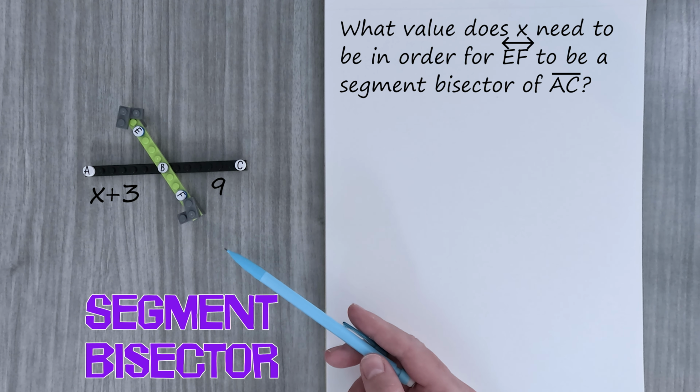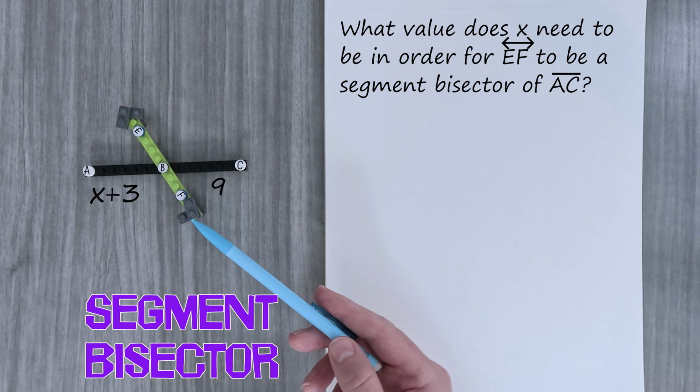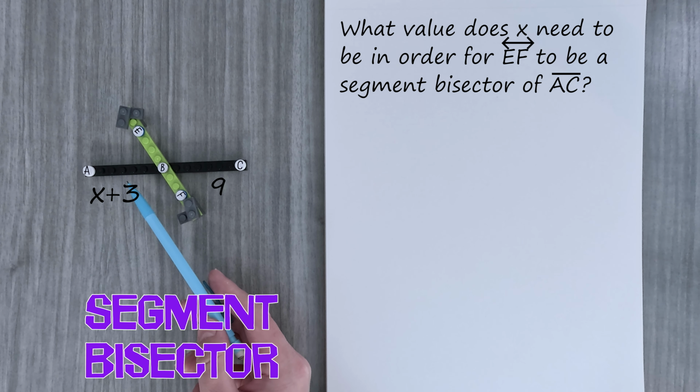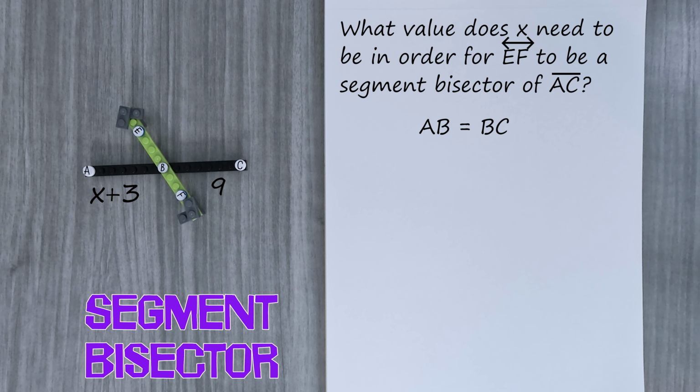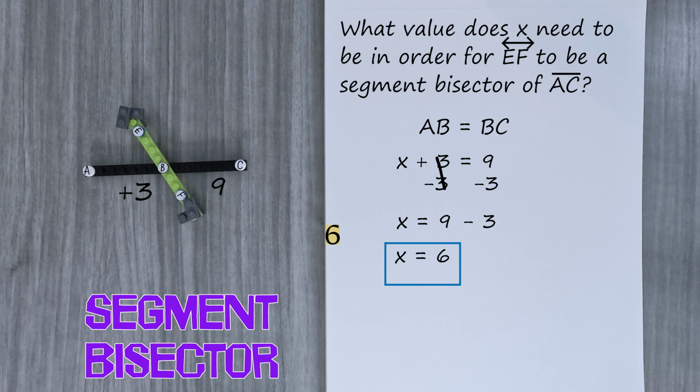It needs to cross exactly at the midpoint, which means that AB and BC have to be congruent. They have to have equal lengths. So we can set those two equal to each other. We have x plus 3 equals 9. Subtract 3 from both sides, and we get that x would need to equal 6. Plug that back in, so 6 plus 3 will give us 9, and then AB is 9, so yeah, two equal lengths there, and that makes it a segment bisector.